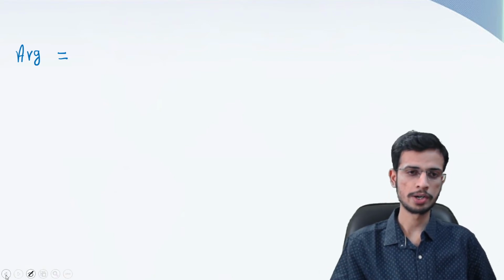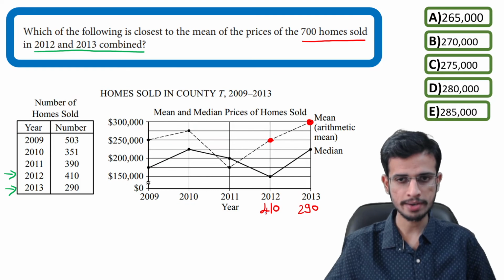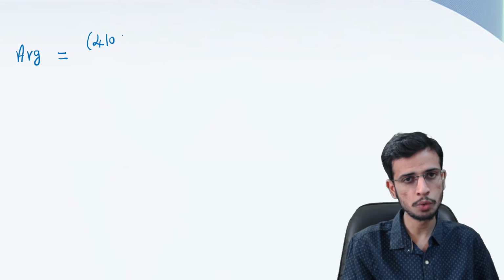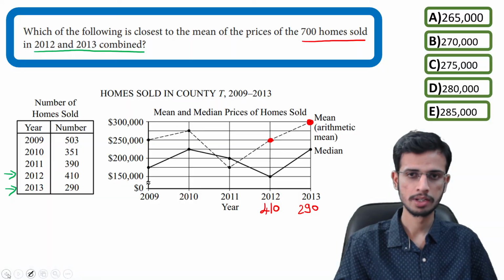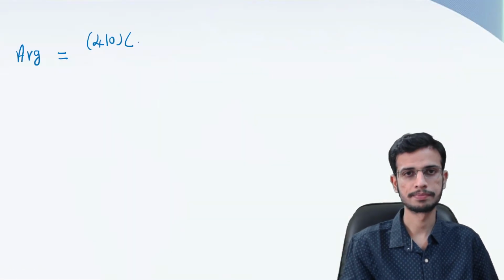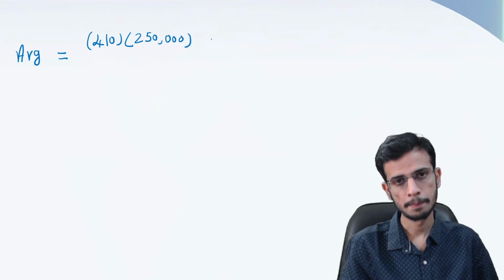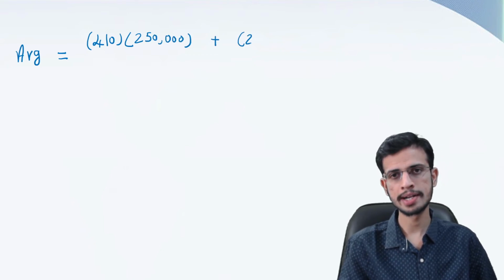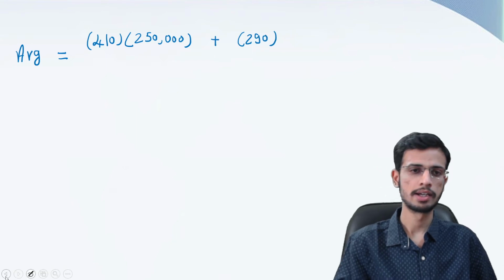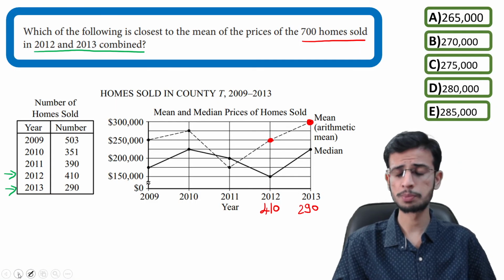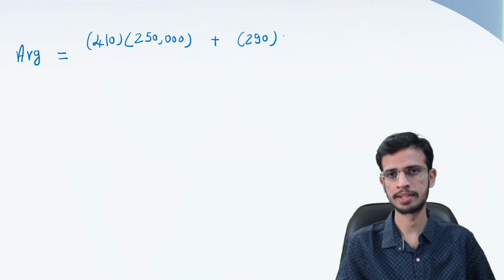We have to find the amount collected by selling these homes. So in 2012 we sold 410 homes. So 410 into the average price of one home, that is 2,50,000, right? Plus we sold 290 homes, and the average price per home is around 3 lakh rupees.